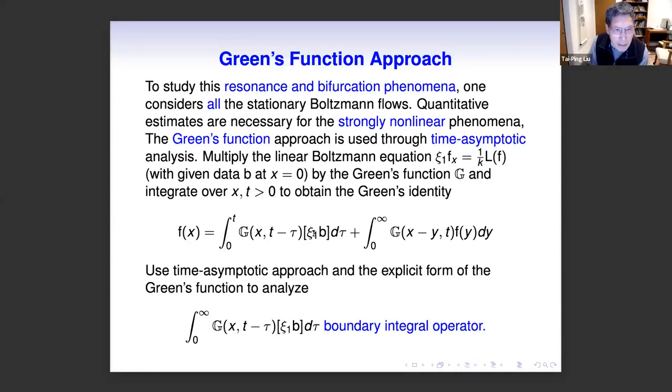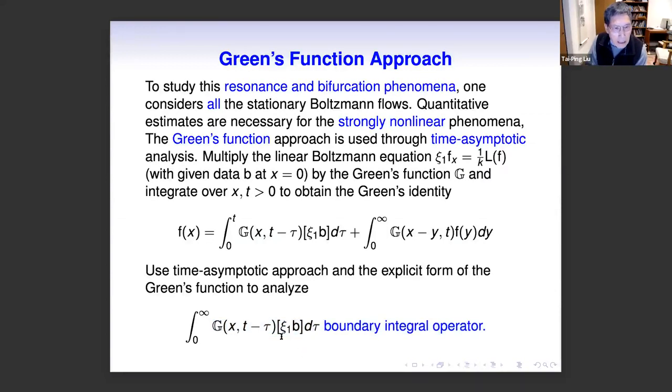But nevertheless, assuming we know the boundary B, then we get a Green identity. This is a Green identity. And then we do time asymptotic analysis so that T goes to infinity. So then we focus on this boundary integral operator.